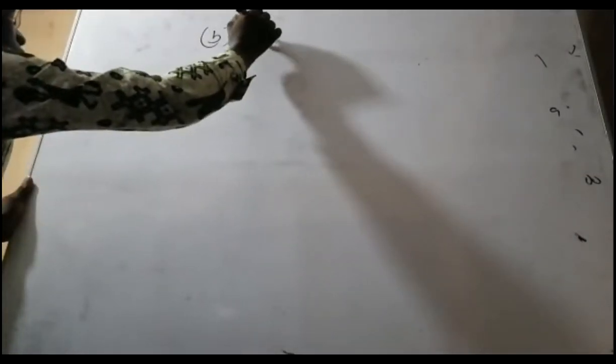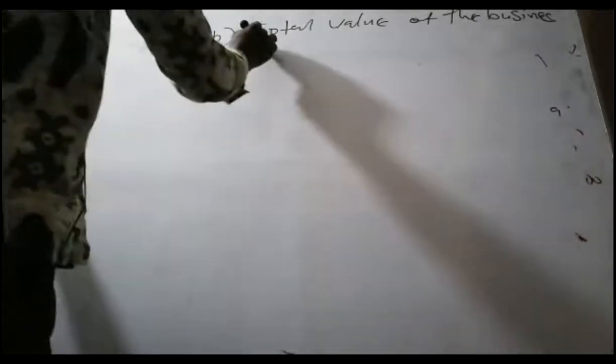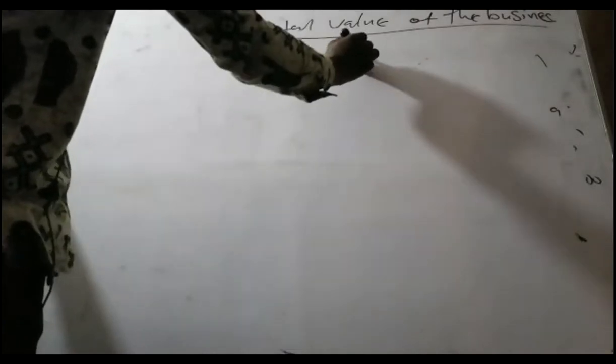So that was the B. So here we said total value of the business. Tell us the method that you are using. Tell the examiner that I am starting with the net asset method because it's simple and straightforward.